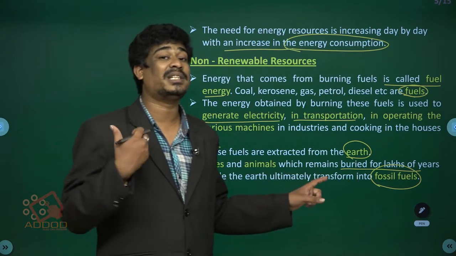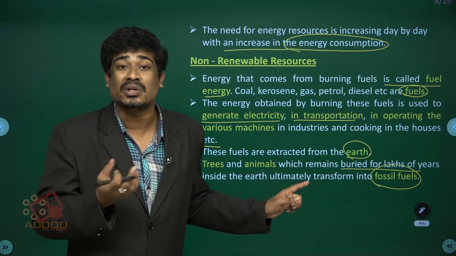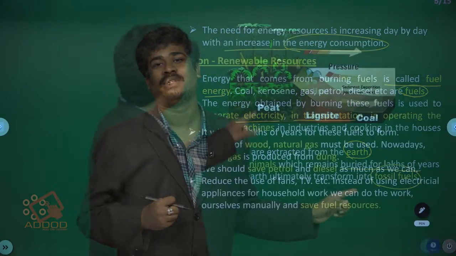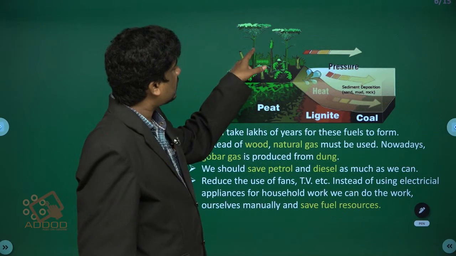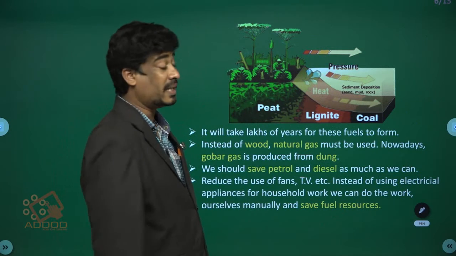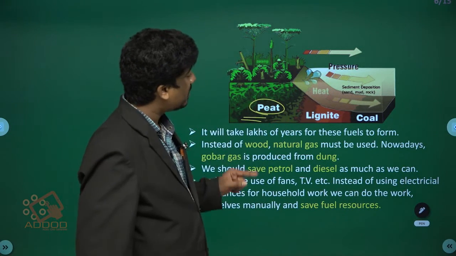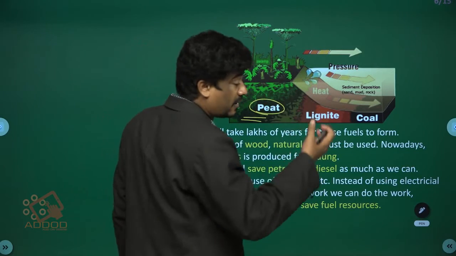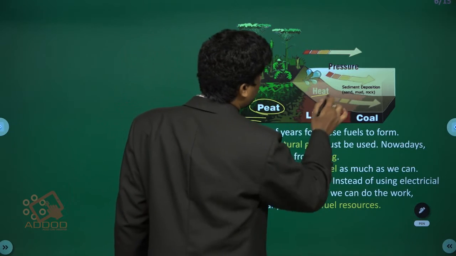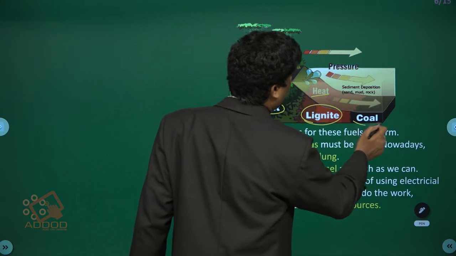So it takes how many years? Lakhs of years to convert that solid into liquid like a fuel. So see, these are the plants, and after being buried, they form peat. Then pressure is increasing within the earth crust, so with heat, it is converted into lignite. Lignite is converted into coal.